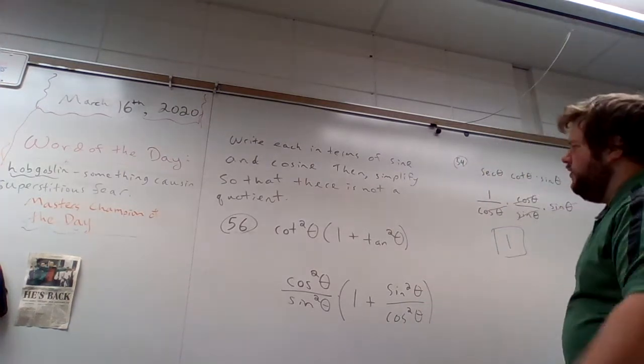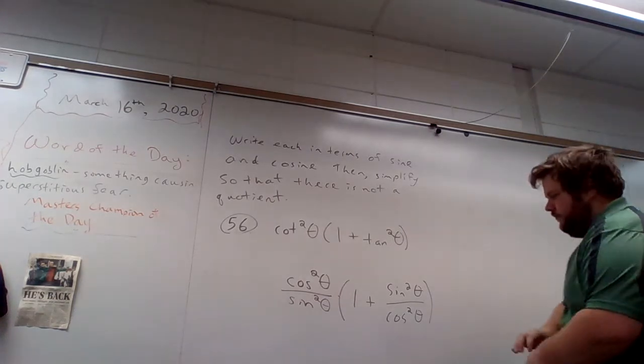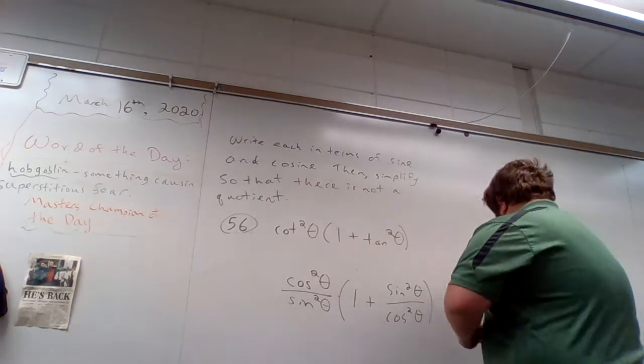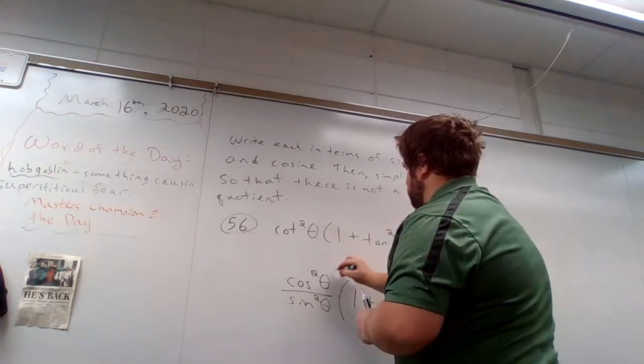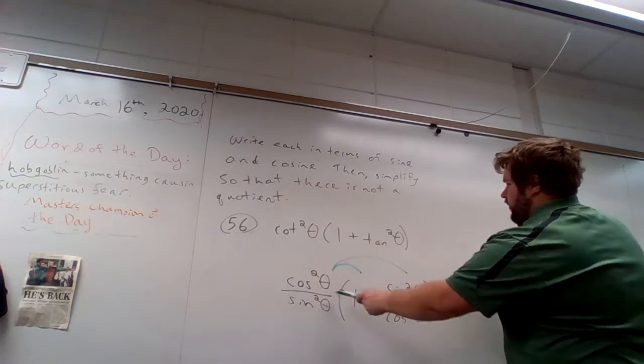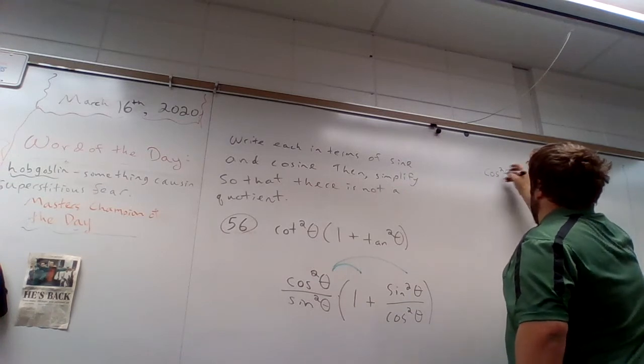Okay? And then what you could do is distribute. So I could distribute this guy, and I could distribute this guy and see what we get. So cosine squared over sine squared times this, that's cosine squared over sine squared.